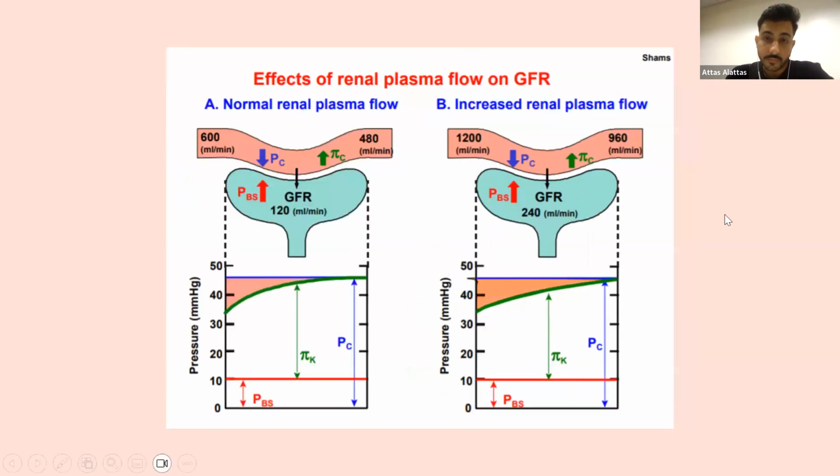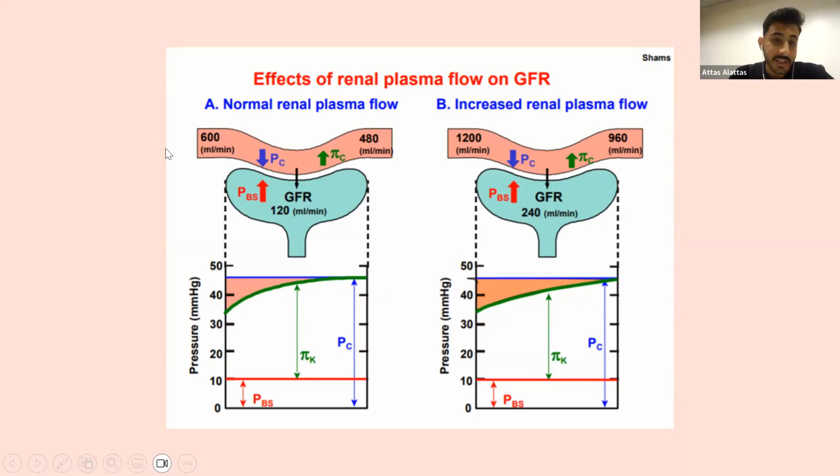Perfect. Okay. Now let's talk about the effect of renal plasma flow on GFR. Let's assume that the normal renal plasma flow is 600 and the GFR is 120. We said that we need the colloid osmotic pressure to be equal to the hydrostatic pressure for the filtration to stop.